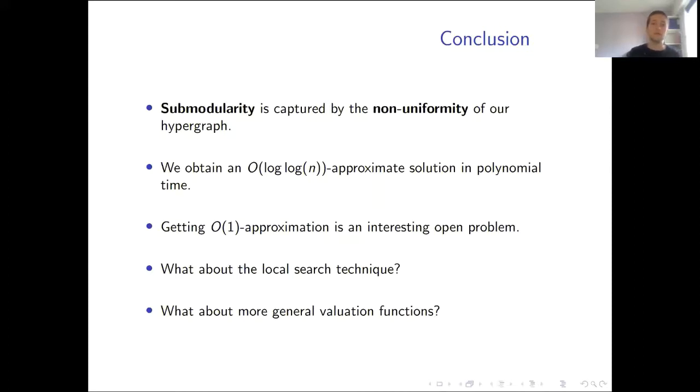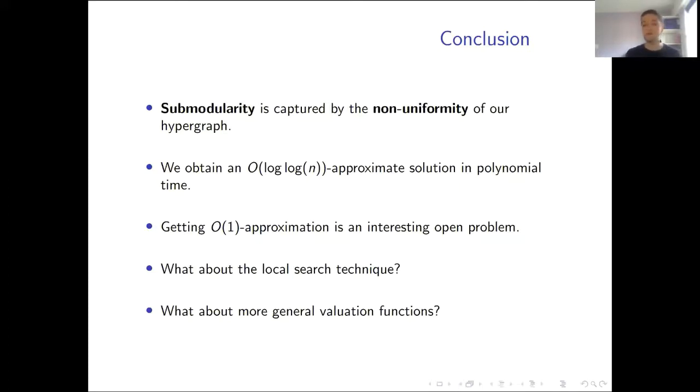But I said in the beginning that there were two main rounding techniques against the configuration linear program that were very successful in the past, and the second one is local search. When the function is submodular, it's really not clear how to adapt this technique. That would be very interesting, especially since the best approximation ratios of 4 plus epsilon currently are obtained not with the Lovász Local Lemma, but with local search. With the local lemma, I think the best result is only some big unspecified constant.